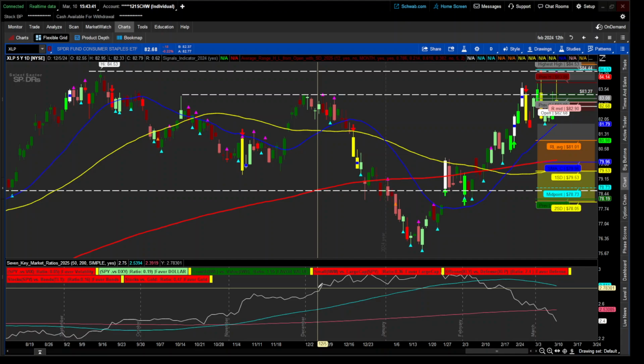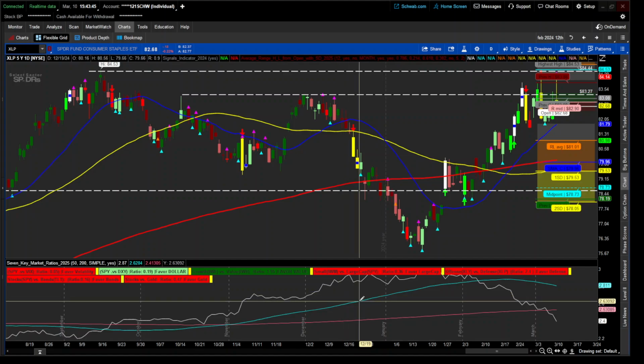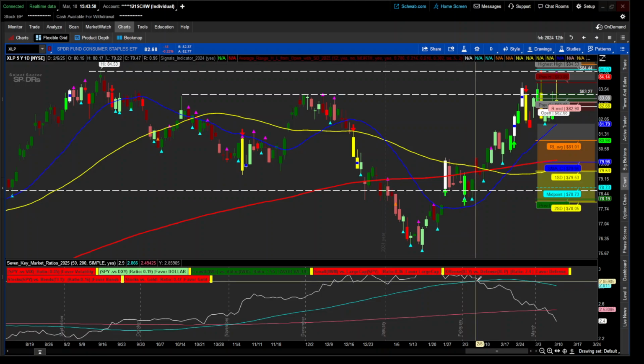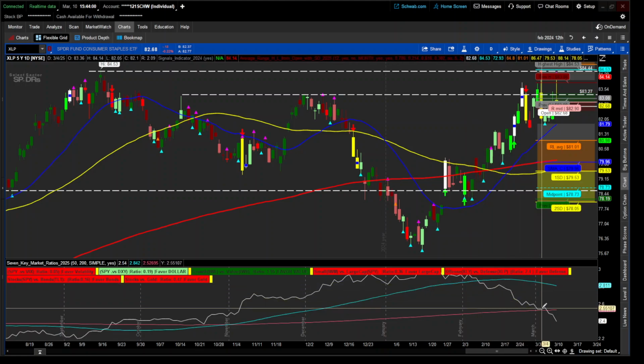This white line right here represents the ratio between offense and defense, and this blue line represents the 50-day moving average of this ratio, and this pink line represents the 200-day moving average of the ratio. Excuse me. And you can see right now it has crossed below its 50 day and crossed below its 200 day for this ratio as well.